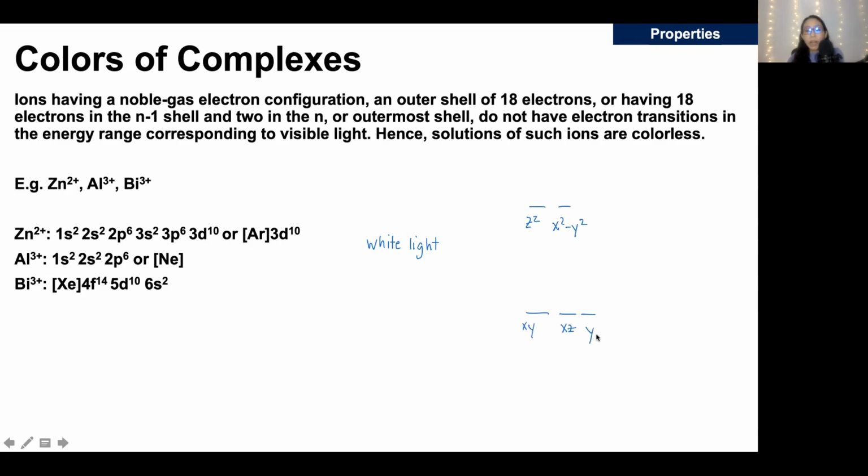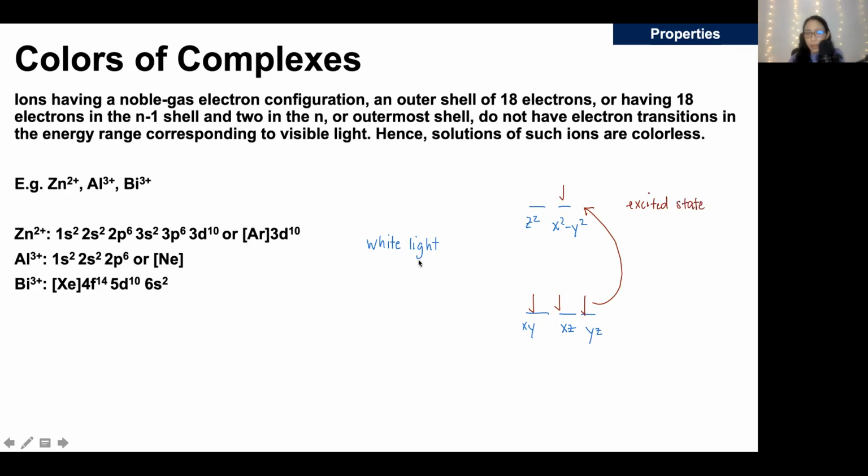Now, it's possible that once you expose this metal ion to white light, it can cause the electron to jump to a higher energy level. So this jump to a higher energy level, or what we call excited state, the question is, why is this happening?